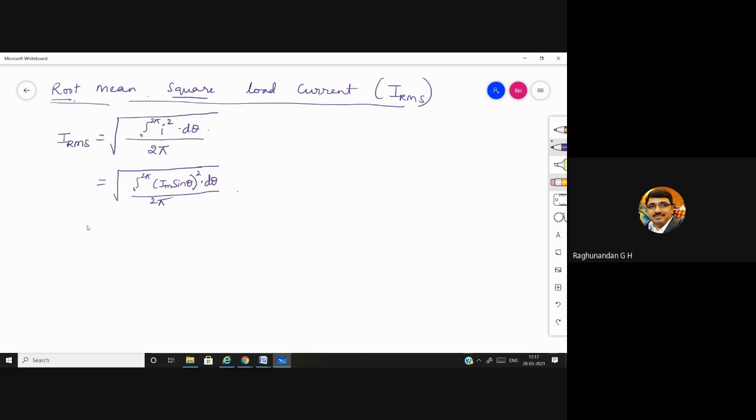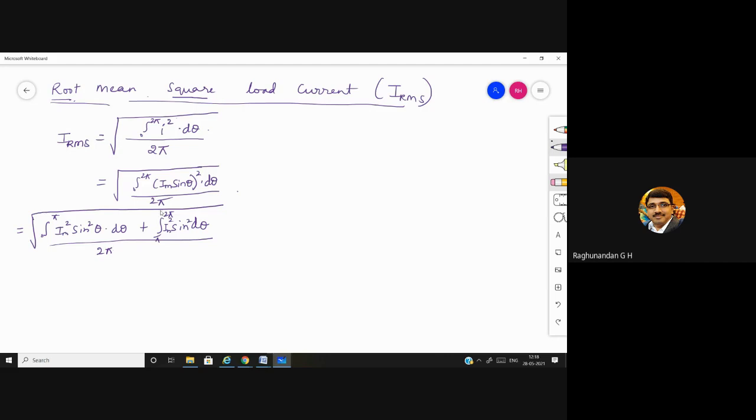Now again, we will split it up: 0 to pi, Im square sin square theta into d theta, plus pi to 2 pi, Im square sin square theta d theta, whole root. So this is divided by 2 pi.